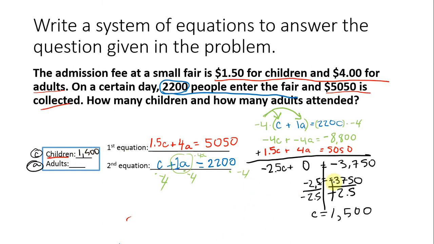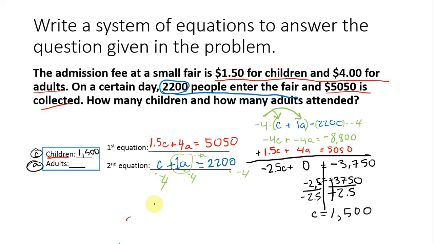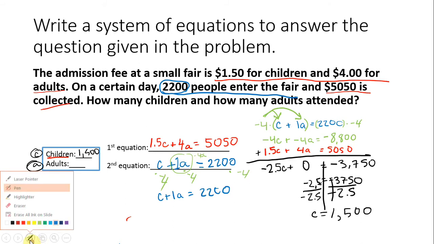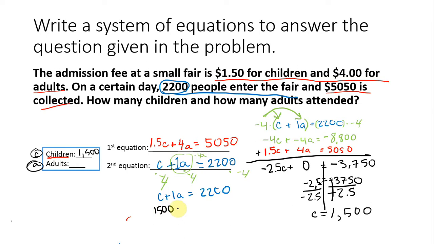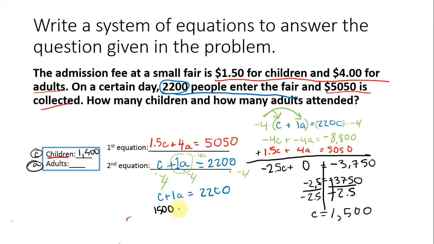Now I'll need to find the number of adults. I'll use my blue equation to find the number of adults. I could use the red, but I'm going to use blue because it'll be a little bit easier. My blue equation is C plus 1A equals 2,200. So I'm going to substitute C, and I'll have 1,500 plus 1A equals 2,200.